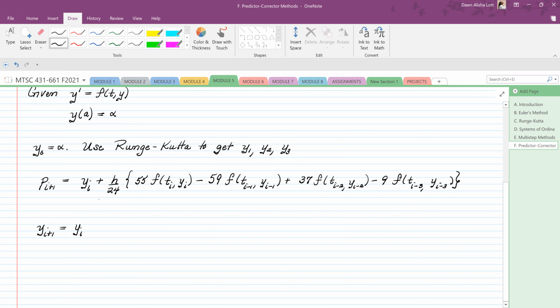This is the Adams-Moulton part, and it becomes plus h over 24 times 9 f(t_{i+1}, p_{i+1}). That is what would have made it implicit, but instead we predicted that value using the Adams-Bashforth.